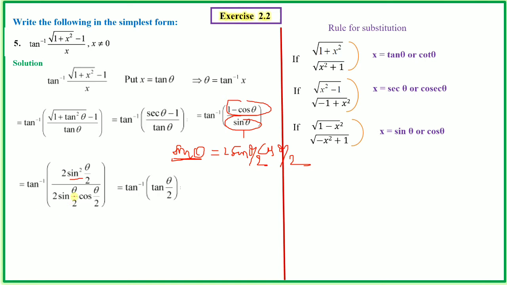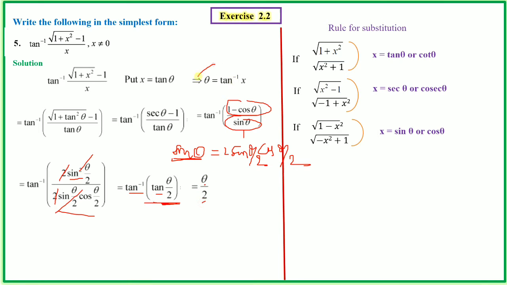So 2 sin theta by 2 here, and cos theta by 2. 2 and 2 cancel. Sin one power is removed with the 1. And now we have sin theta upon 2 and cos theta upon 2. Sin upon cos is tan theta by 2, which is equal to tan, and tan inverse removed. So we have theta upon 2.